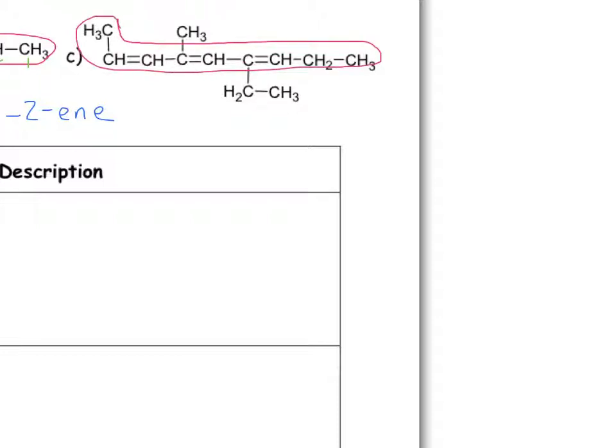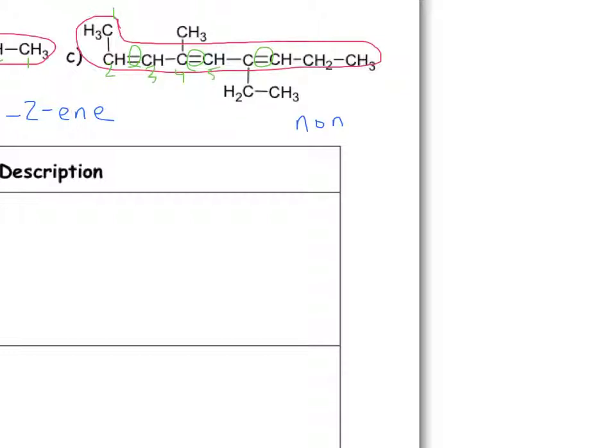Longest consecutive chain of carbons. 1, 2, 3, 4, 5, 6, 7, 8, 9. So that gives me a root of non. Now I have 3 double bonds. I have to number them so they get the lowest position number. That would be if I start from this end.